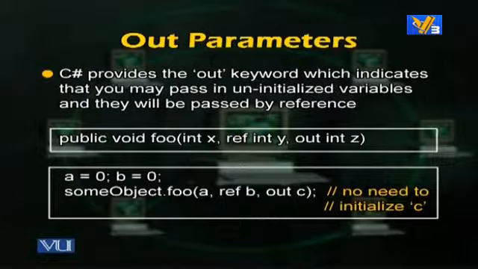We initialize a equal to 0, we initialize b is equal to 0, but we do not assign any value to c. And we call this method a comma ref b comma out c. Once again note that we have to match the type used in the specifier, in the method specifier, that is whether it was ref or out. So we have to state that explicitly in our calling program.